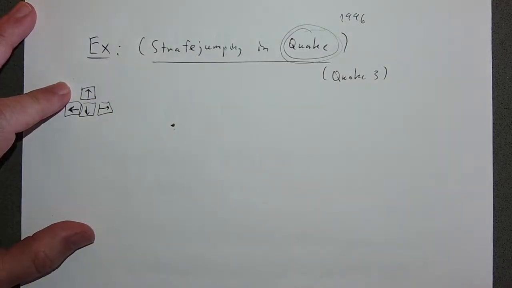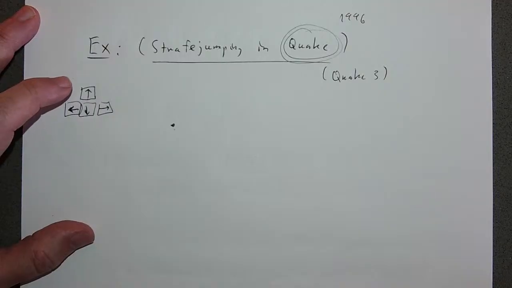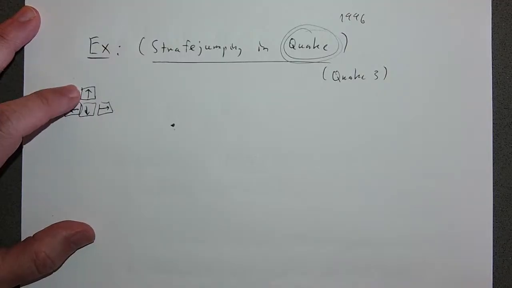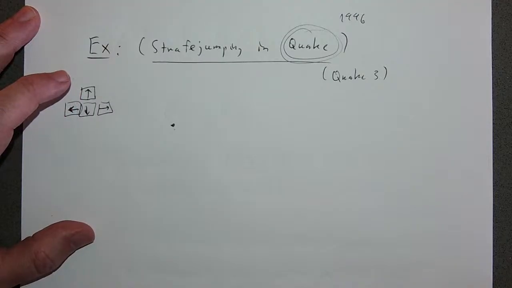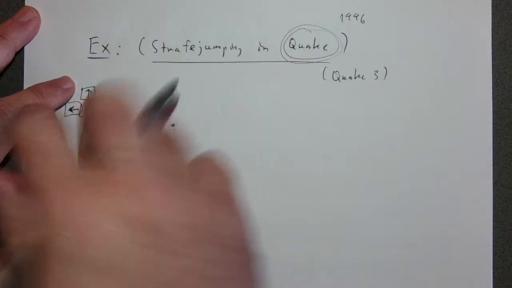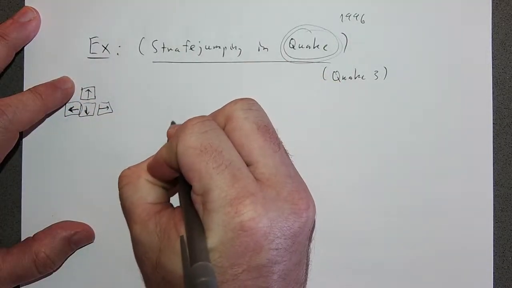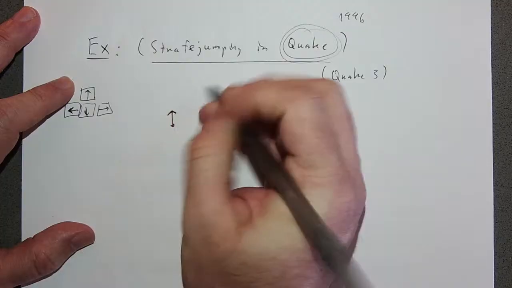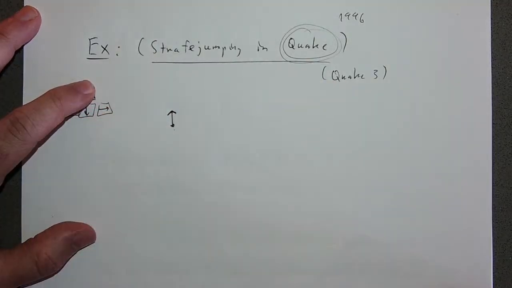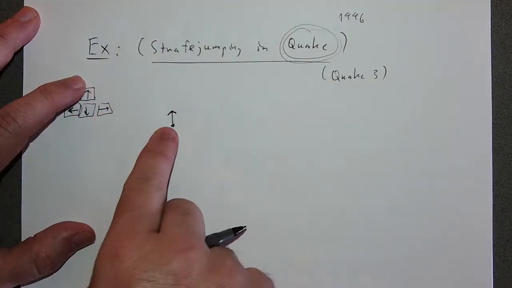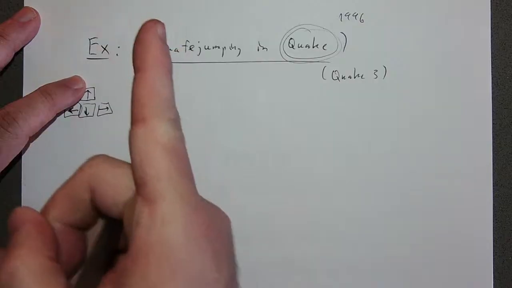Well, I could say, all right, I'm going to assign a unit vector pointing in that direction. If I just hit that key, this would indicate my character moving straight forward.